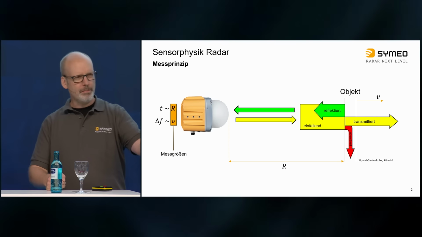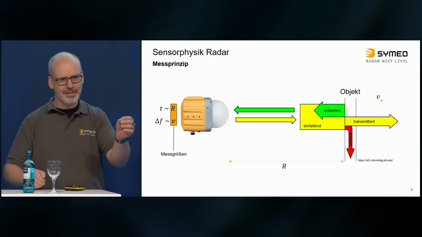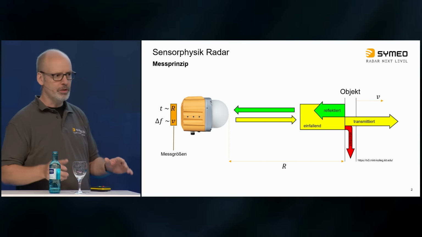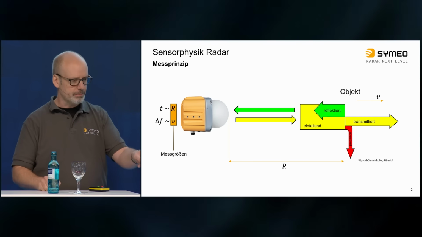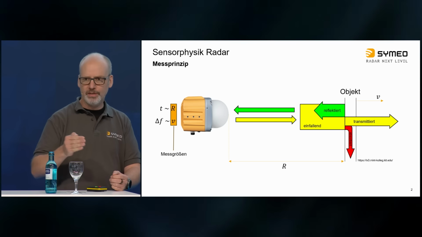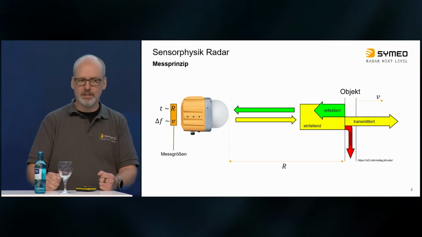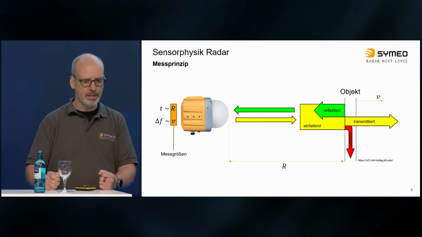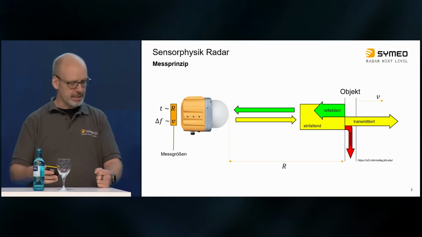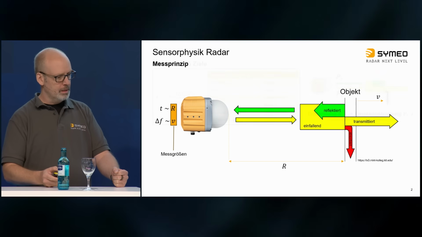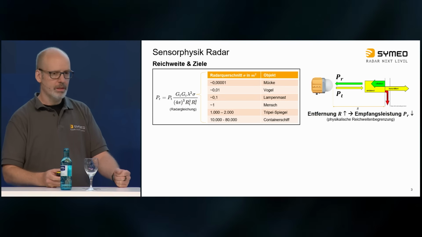For instance, if you see an ambulance passing by, when it's approaching you the frequency is higher, and when it drives in the other direction, the sound is different. This is the same principle, and thanks to this shift, in addition to the distance, you can also measure the speed of the object. So we hit two birds with one stone.